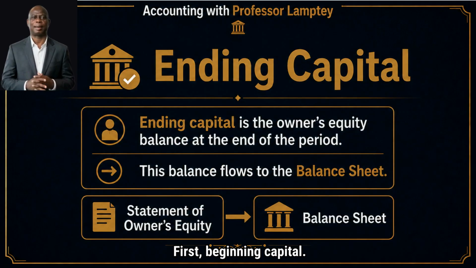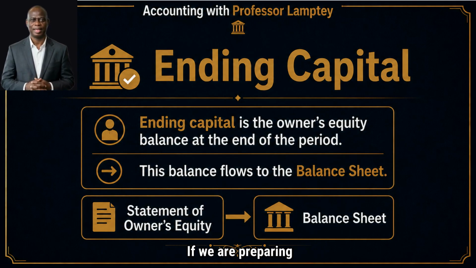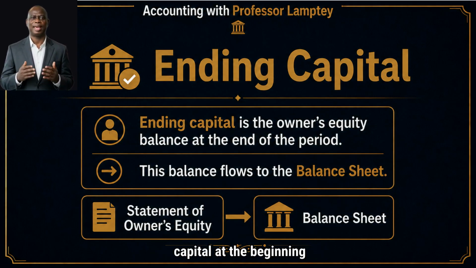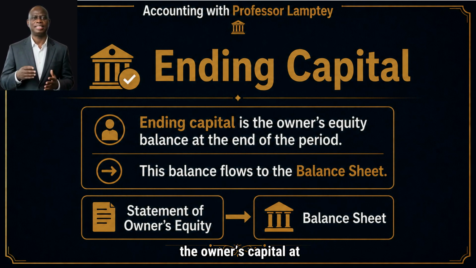First, beginning capital. Beginning capital is the owner's capital balance at the start of the accounting period. If we are preparing a statement for the month of December, beginning capital is the owner's capital at the beginning of December. If we are preparing a statement for the year, beginning capital is the owner's capital at the beginning of the year.